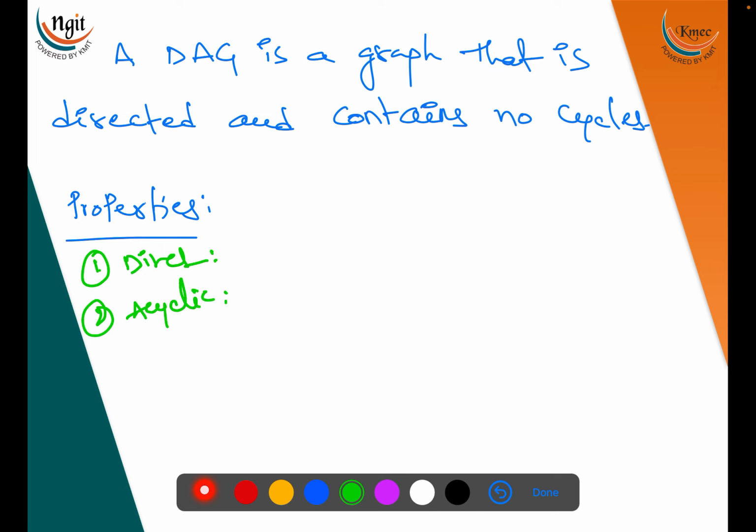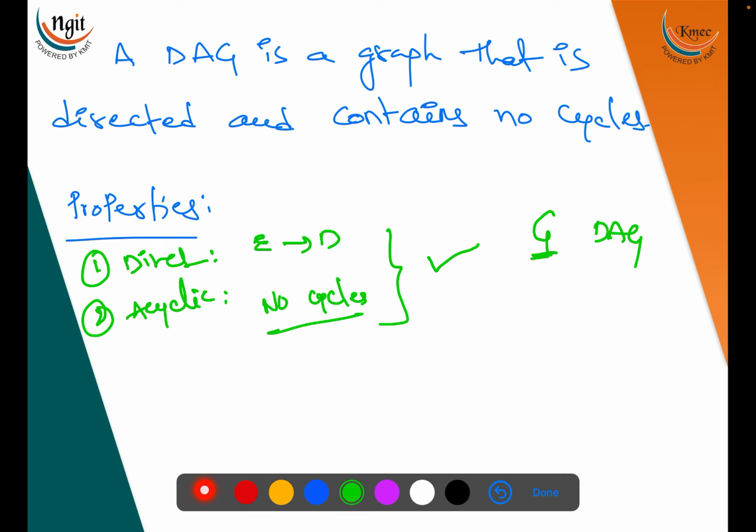Directed edges means each edge has a direction going from one vertex to another vertex. Acyclic means no cycles exist in the graph. When these two properties are satisfied, then the graph G is said to be a DAG.